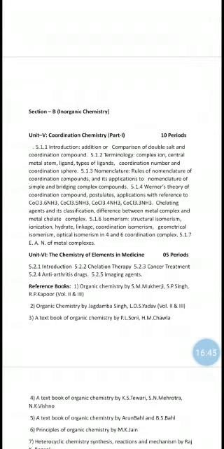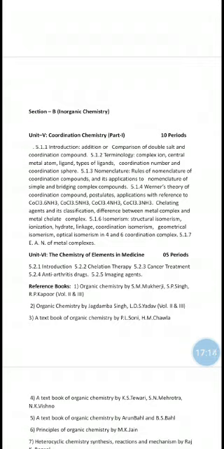A coordination compound is that compound which does not lose its identity in aqueous solution, or a coordination compound is a substance that does not lose its ions in aqueous medium.